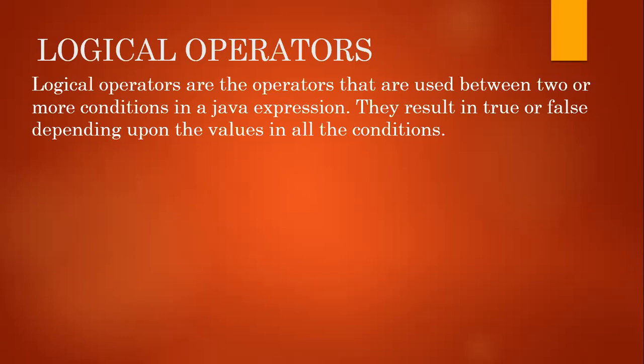So remember, whenever we have a scenario where two or more conditions are combined together, we use logical operators, and they result in true or false, depending upon the values in all the conditions. Let's understand it with the help of a table.